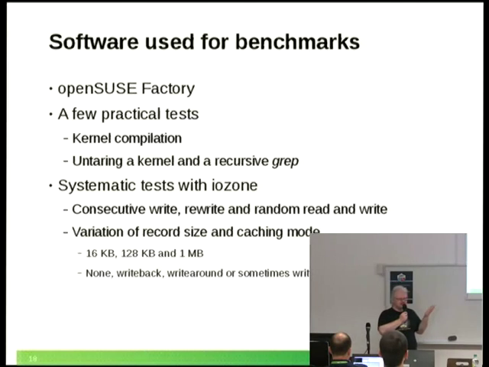I allowed some significant memory so that you see the realistic effect of memory, which you would also see in normal testing. I ran this on the factory state of a few weeks ago. In the beginning, I started out with a few practical tests, kernel compilation, I'm a kernel hacker, and doing a few greps on my kernel sources.